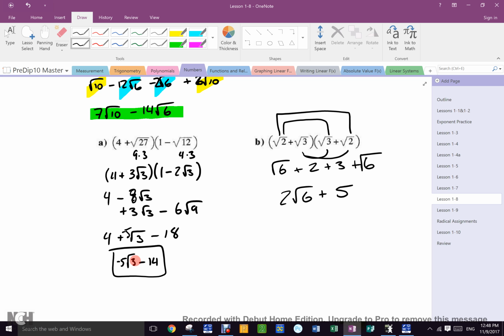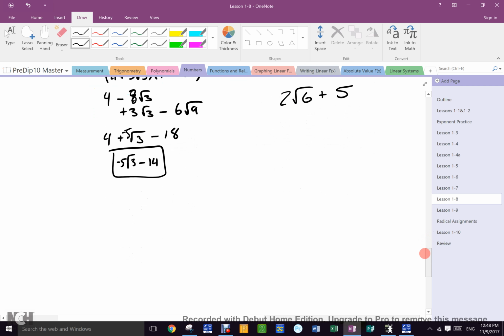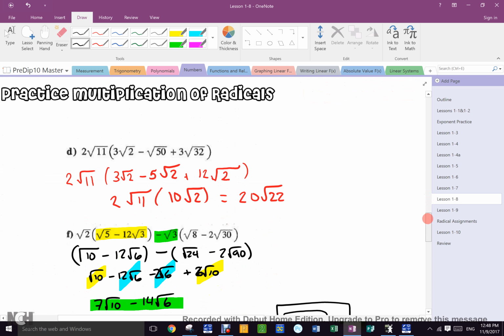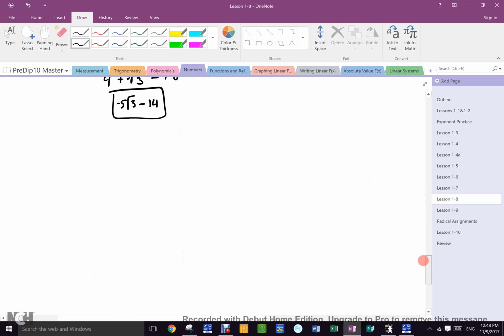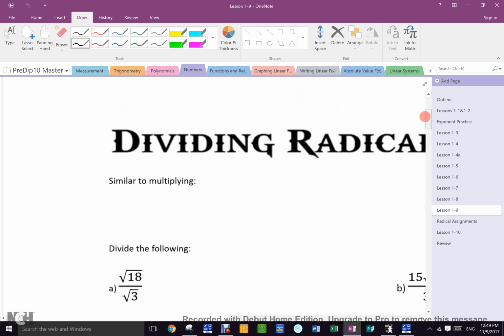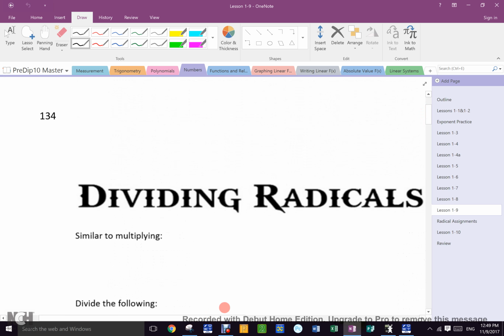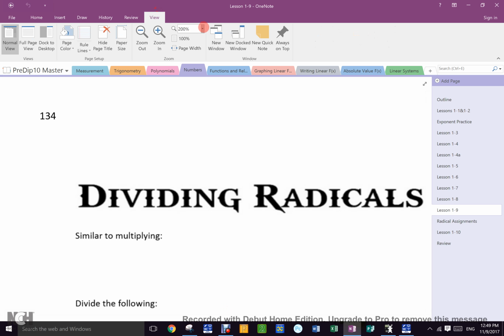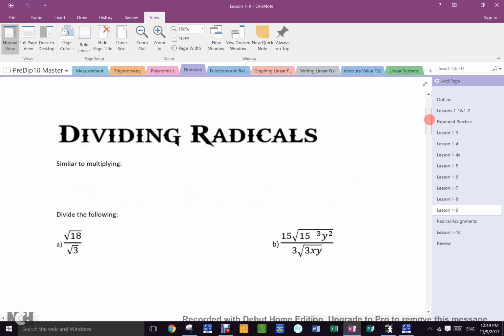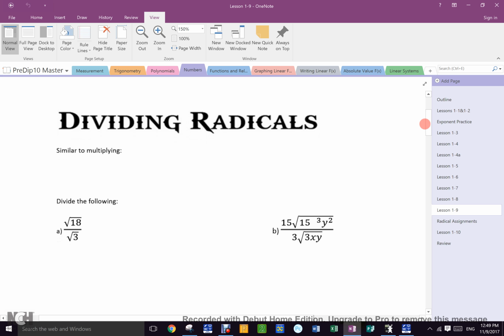All right, so here's my suggestion. Since everybody nailed adding and multiplying radicals, I'm not too worried about it. And I think I'm going to risk moving on to dividing radicals. Oh boy. Dividing radicals is actually a bit difficult.